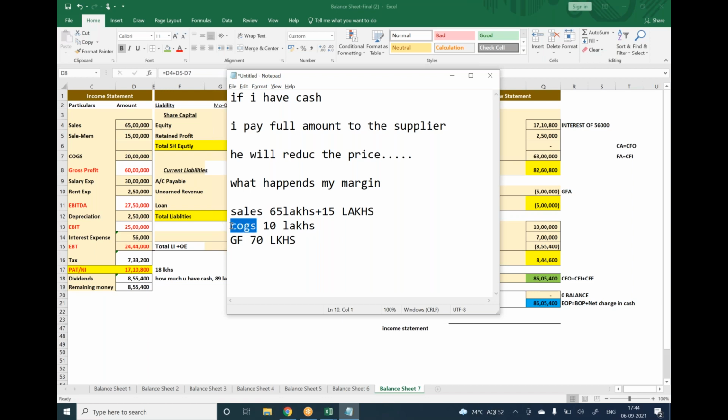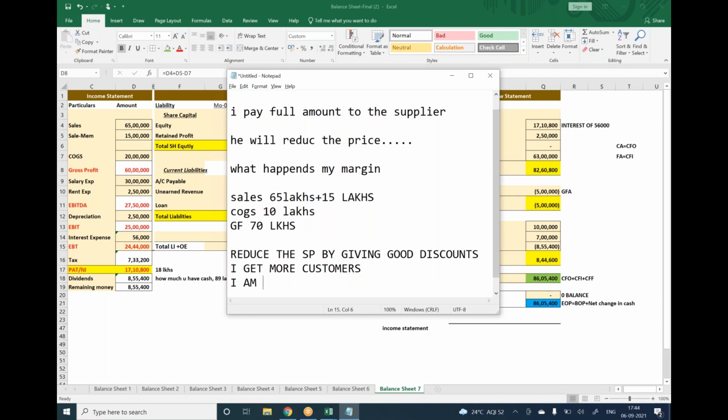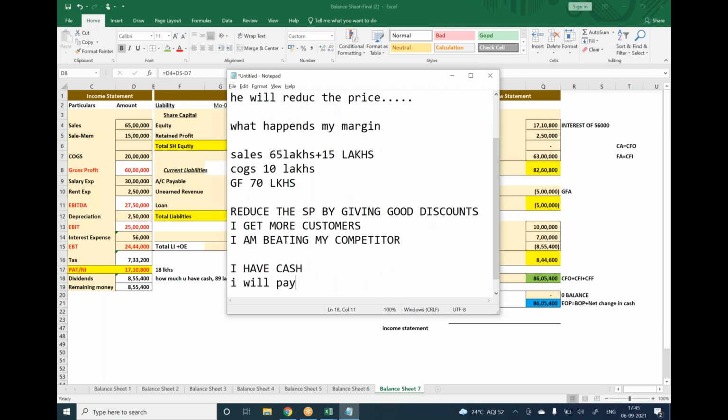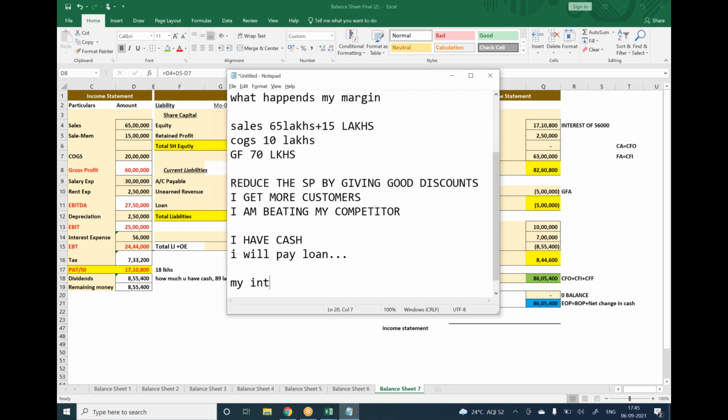Because my cost is reduced, maybe I can reduce the selling price also by giving good discounts. Because I'm giving good discounts, I get more customers, and I am beating my competitor. And because I have cash, I will pay back my loan. Because I'm paying back my loan, what happens to my interest expense?